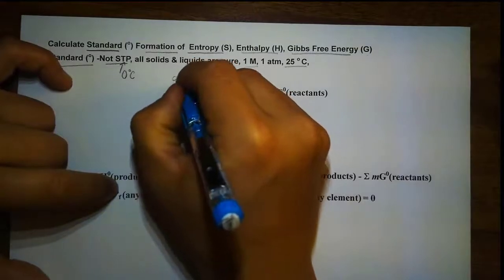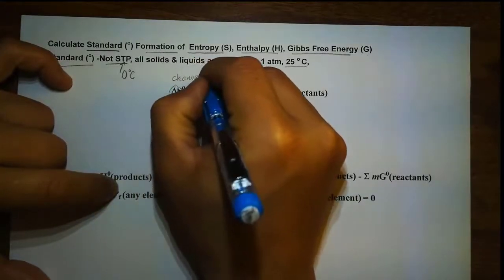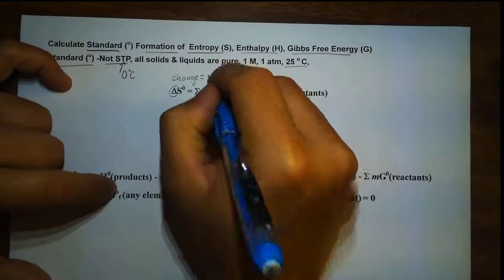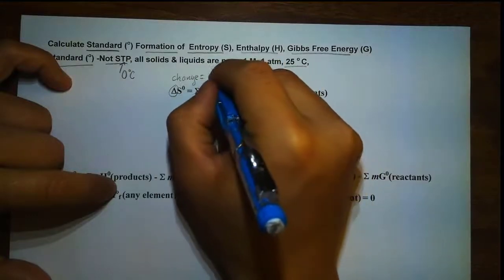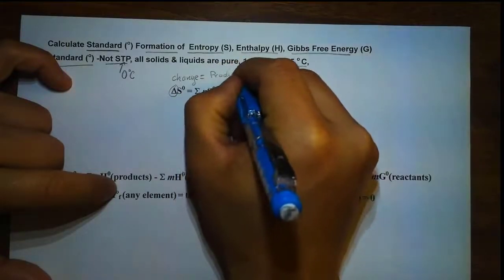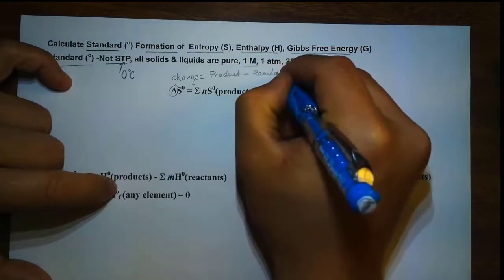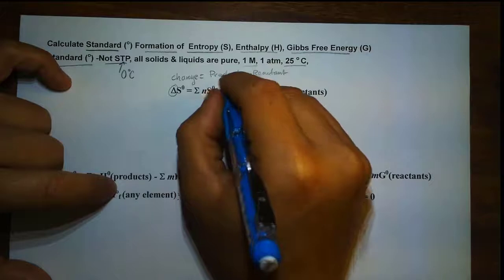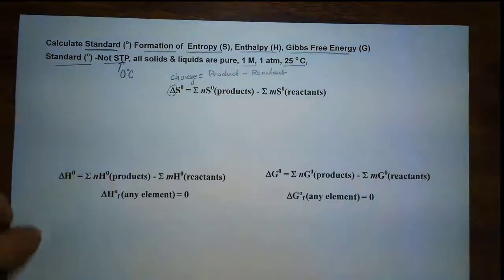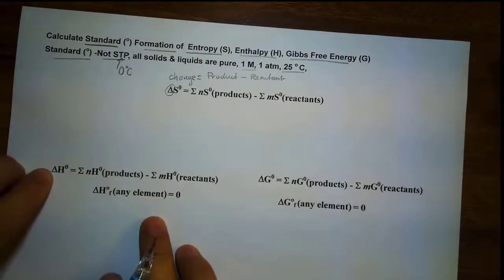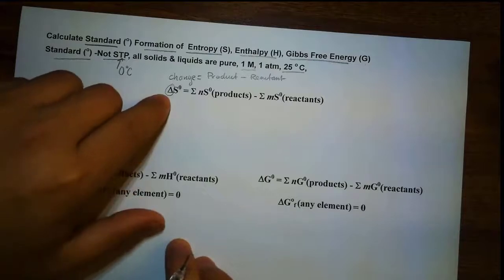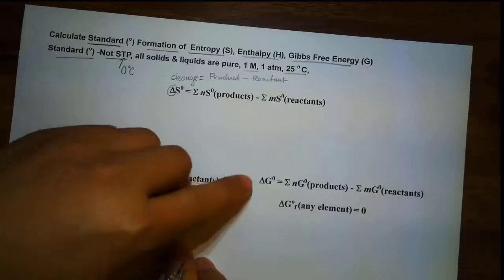So what does change mean? Well, in a chemical reaction, change always refers to product minus reactant, or we can think of final minus initial. So all of them are looking for the changes in terms of delta S, delta H, and delta G.